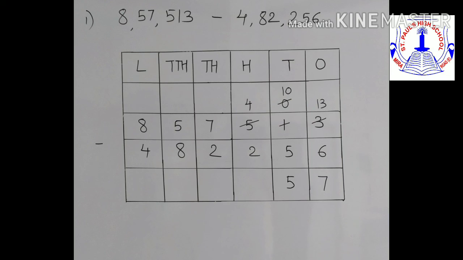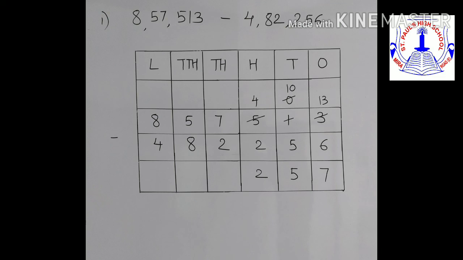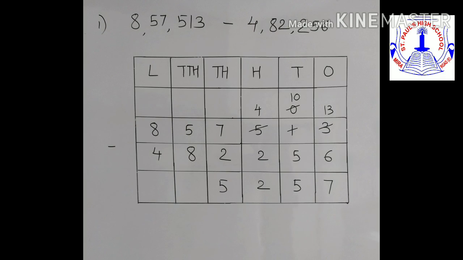So in the tens place, 10 minus 5, which is equal to 5, and in the hundreds place, 4 minus 2, which is equal to 2. In thousands place, 7 minus 2, which is equal to 5.